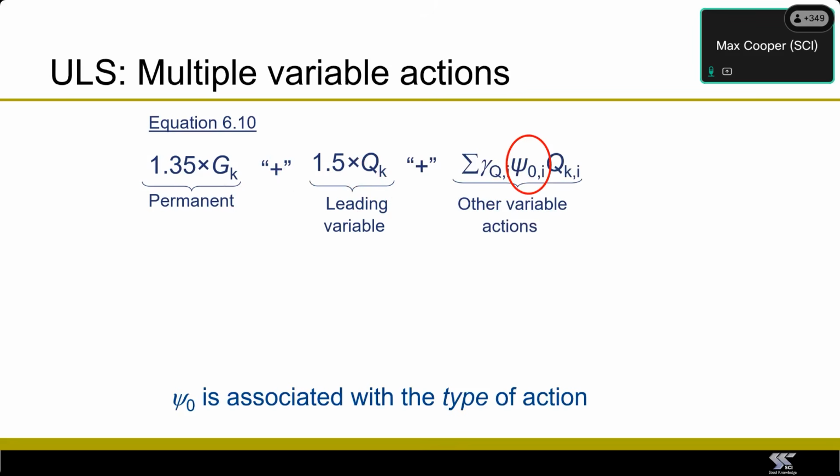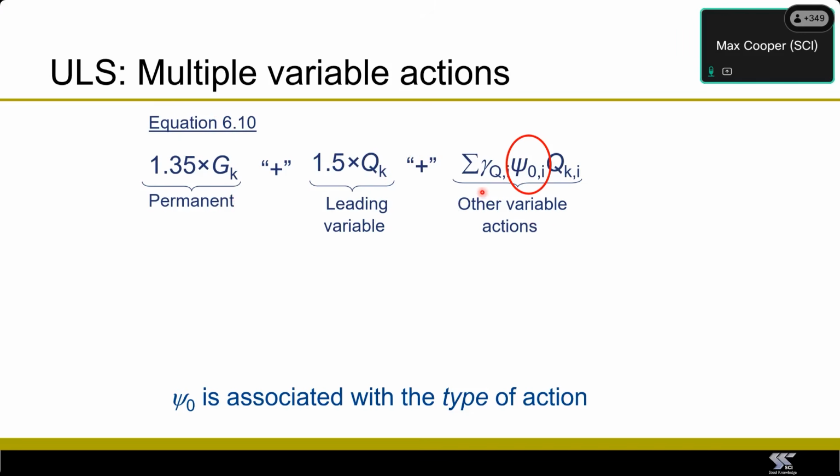If we now want to look at cases where we have multiple variable actions, so that might be imposed and wind together, sorry, snow and wind together, we see the first half of the expression is exactly the same. We have 1.35 times the permanent actions and 1.5 times the leading variable action. We now introduce other variable actions.